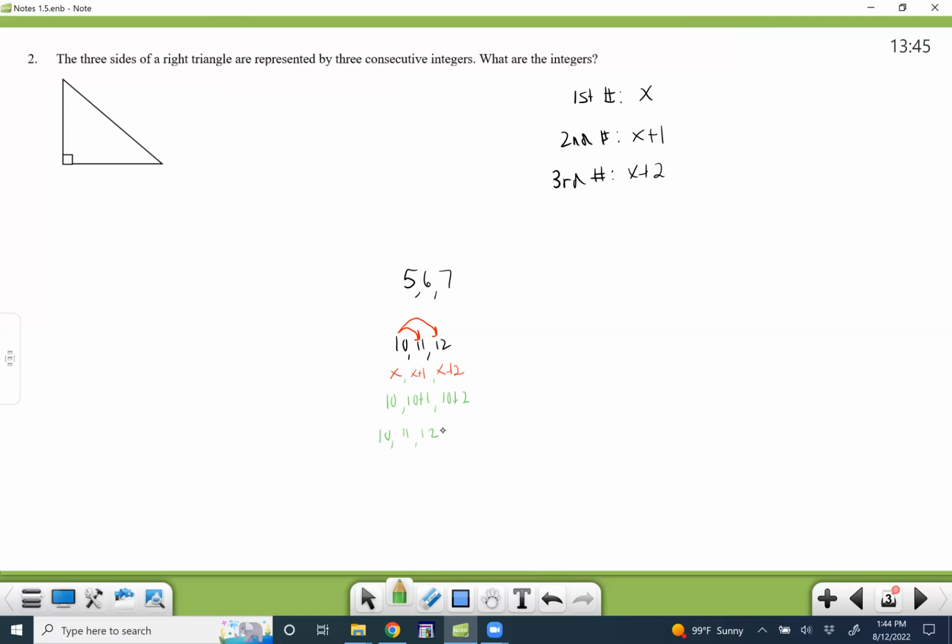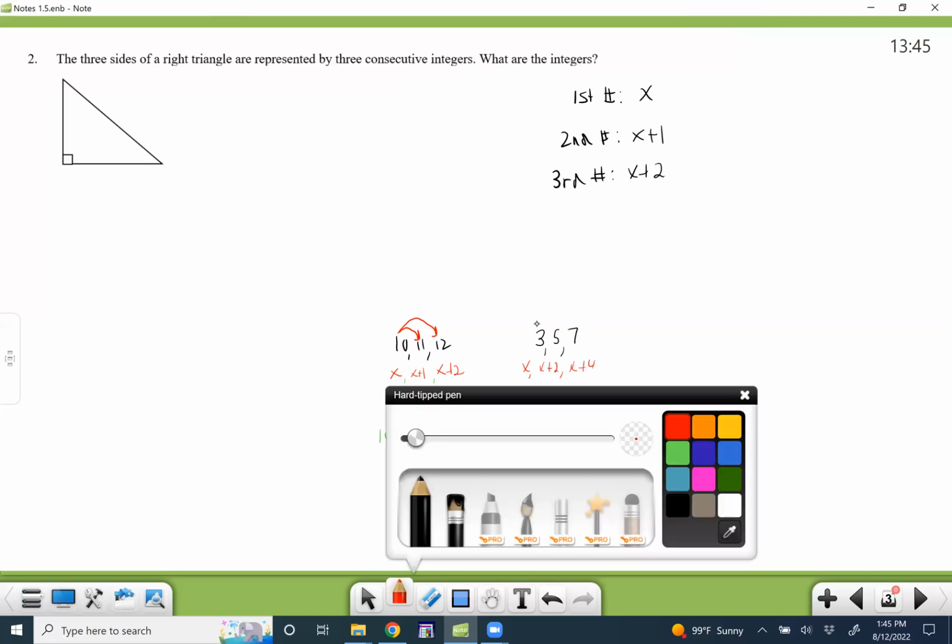It could be where they say something like, are there consecutive evens or consecutive odds? So let's look at the case of consecutive odds, and it turns out evens are the same. So if I have consecutive odds, like let's say I have 3, 5, and 7, those would be consecutive odds. Well, if I let the first one be x, then the next one actually has to be x plus 2, and the next one has to be x plus 4.